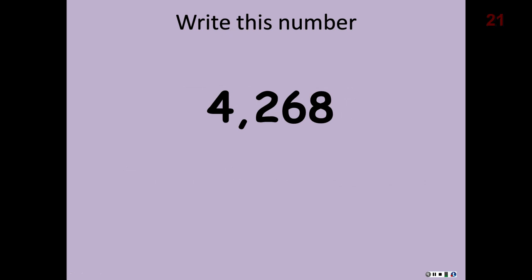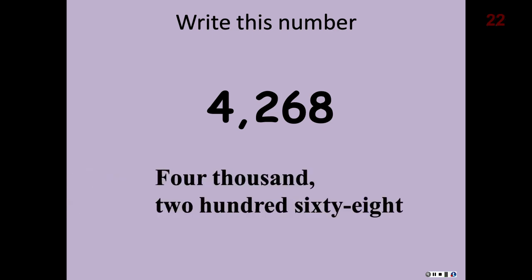What should this one be? 4,268. And what do you need to be careful of? The 68. What about the 68? Dash. That's right. 68 has to have a dash. And these are the kind of questions you should ask yourself as you're doing these types of problems. Okay?